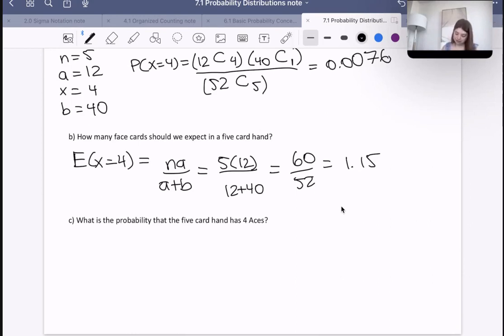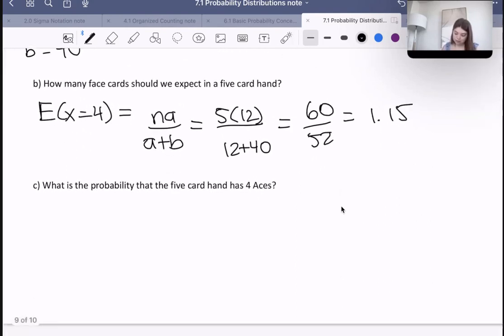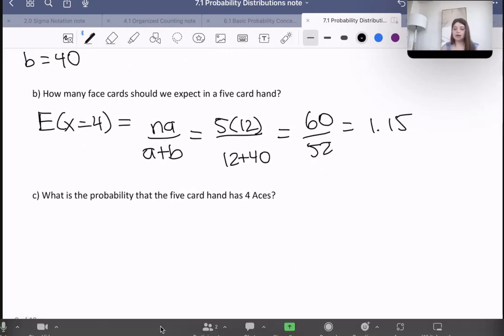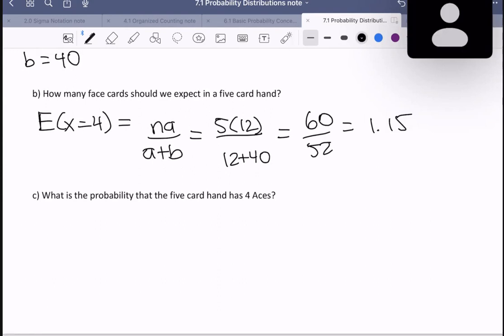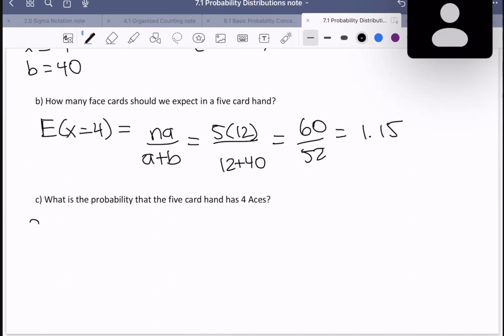Okay, let's try C. C asks, what is the probability that a 5-card hand has 4 aces? Well, let's think about that for a moment. How many possible successes are there? Well, there's 4, right? So A is 4. How many possible failures are there? Well, that would be the other 48 cards that are not those 4 aces, so 48.